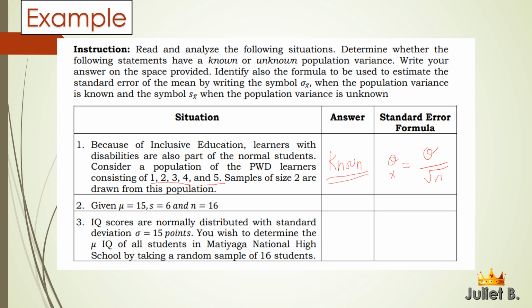So, it is known. Number 2, given that the mean is 15, the standard deviation is 6, and the sample size is 16. This one, it is considered to be unknown. The given values are the mean, the sample standard deviation, and the sample size.